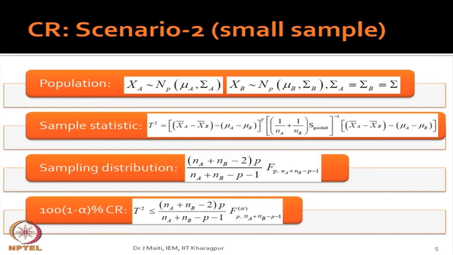You see this slide and have a feel of it. Small sample case. All those things are available in the Johnson and Wichern book, but they have used some other notation, not A and B, maybe 1 and 2.